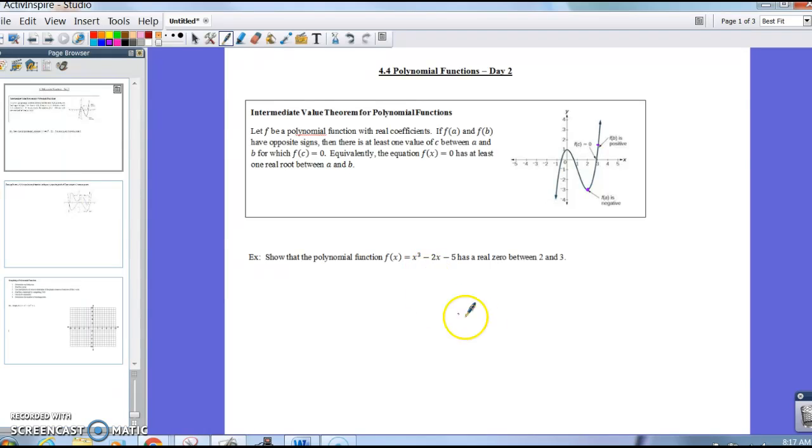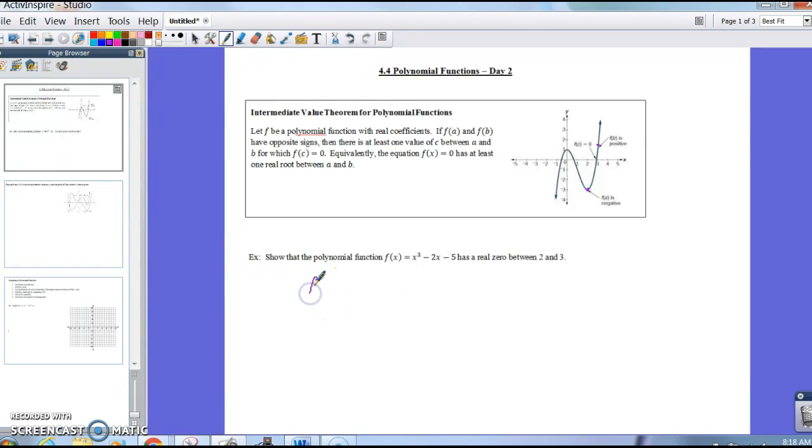So let me show you an example of what that is. It says, given this polynomial function, show that it has a real 0 between 2 and 3. So I don't need to graph it. I don't need to look at it visually. All I need to do is figure out what f of 2 and f of 3 are equal to.